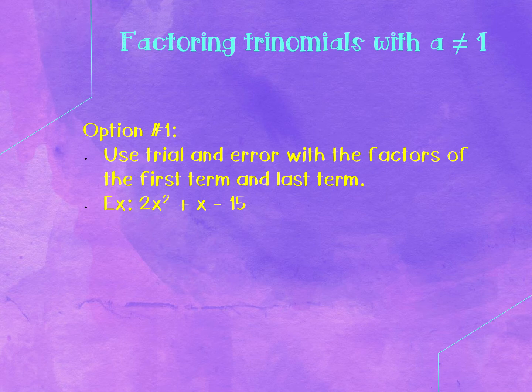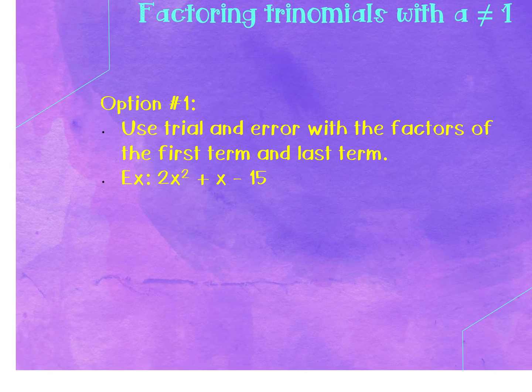So for example, on this one, if you were guessing and testing, when the numbers are small, it's not too bad. But when they get large, this one is a little bit more tedious. And if you're not good at recognizing the patterns right away, you're better off using the next technique I'm about to show you.